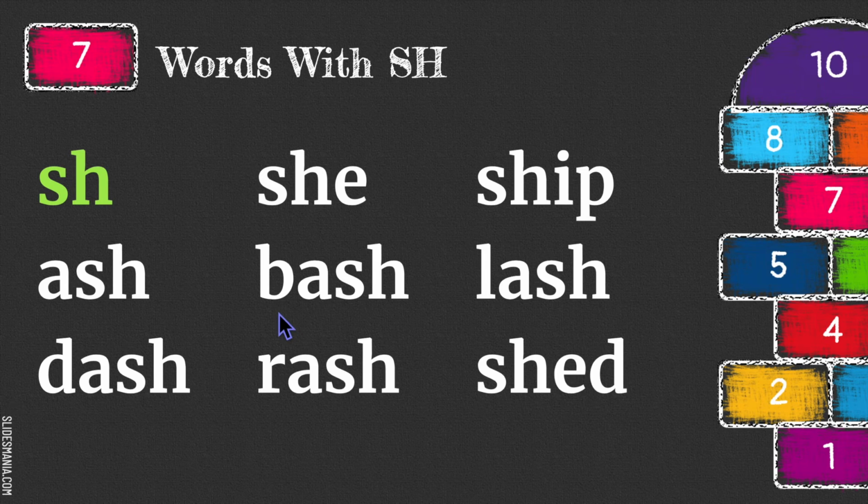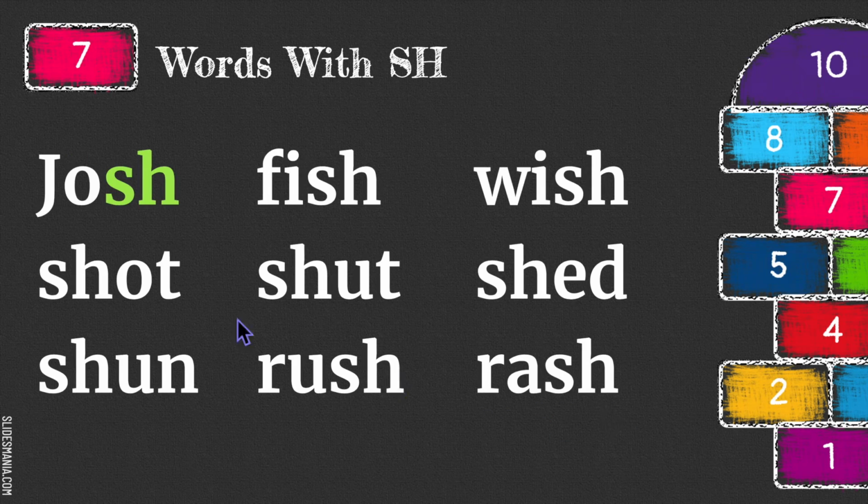B, ash, bash. Ash, lash. D, ash, dash. Ash, rash. Sh, ed, shed. Here we have another name, so it has a capital letter. Josh.